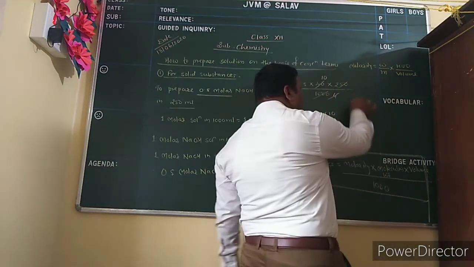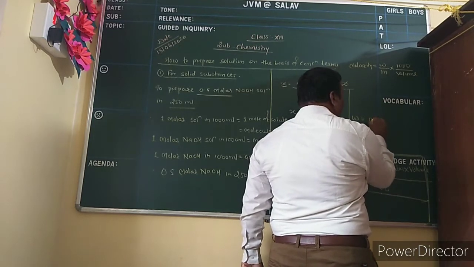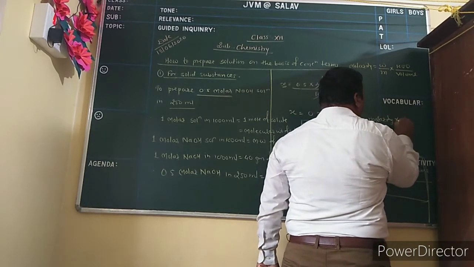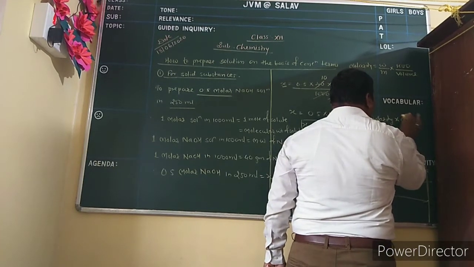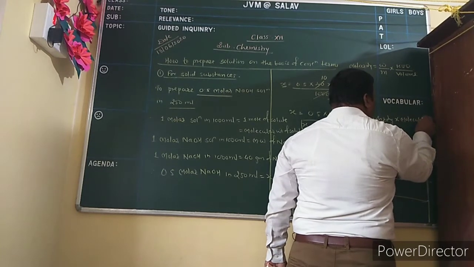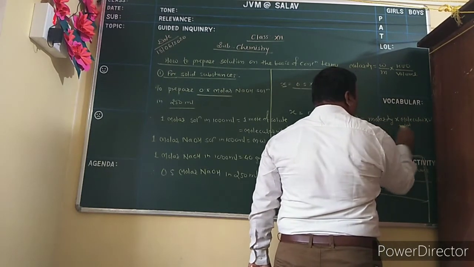So for that purpose, w is equal to molarity into molecular weight into volume upon 1000, the same thing as we wrote here.